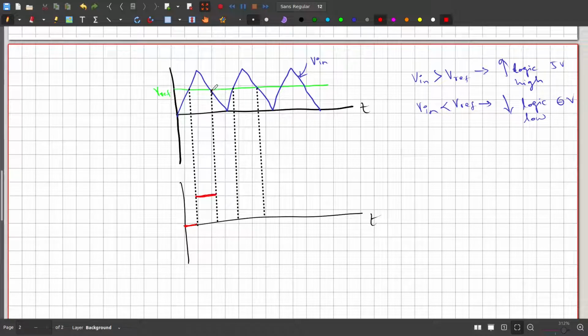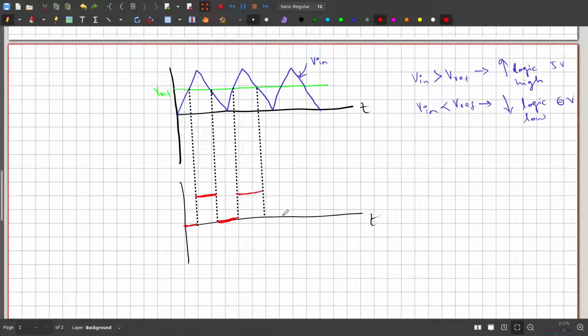At this point the input voltage again becomes lower than our reference voltage, so in this whole region it will be low, and here it is again higher than our reference voltage, therefore it will be high.